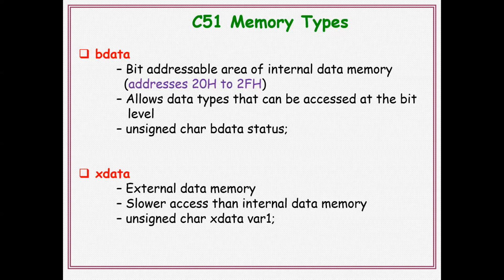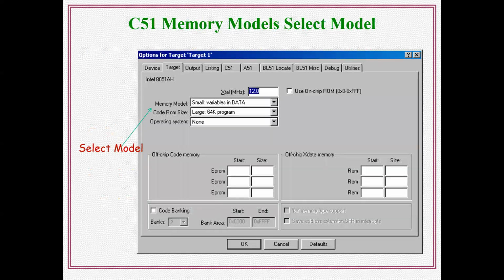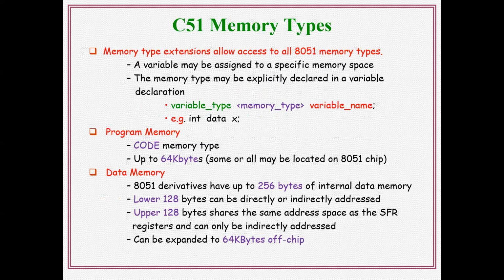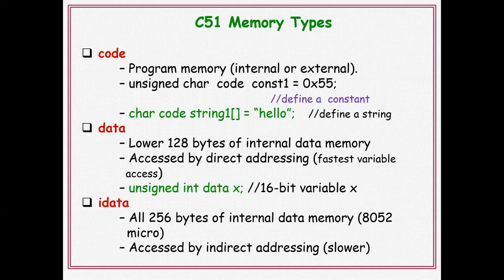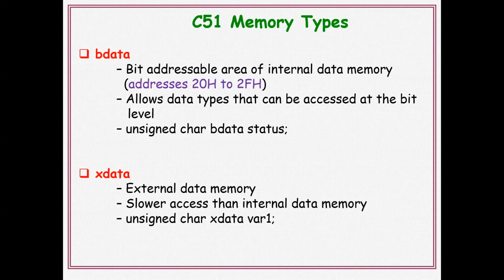Access is slower than internal data memory because it is external, and external access is always slow compared to internal access. For example, unsigned char xdata variable1. So these are the memory types: first code memory, second data memory, third idata, fourth bit addressable data, fifth external data.